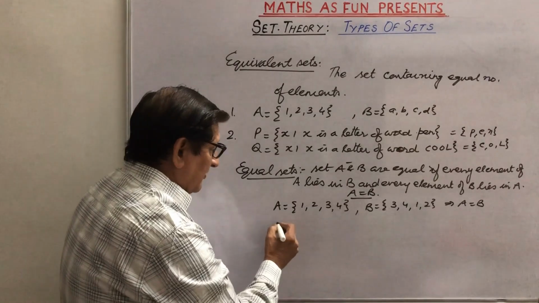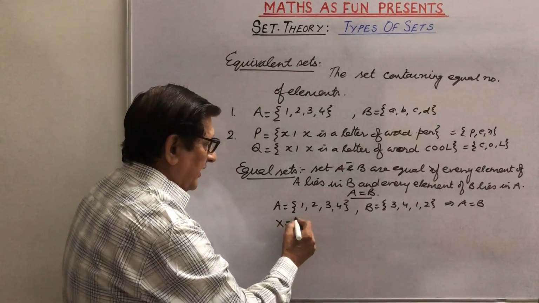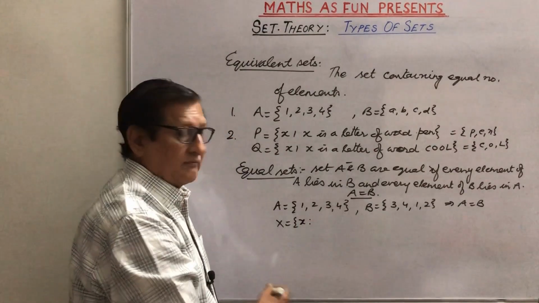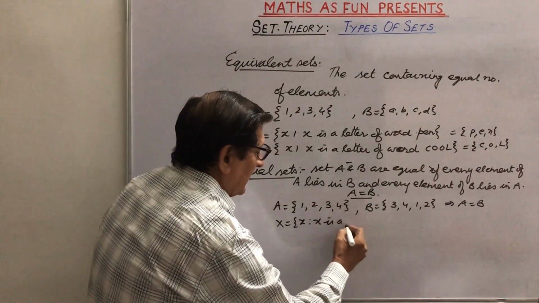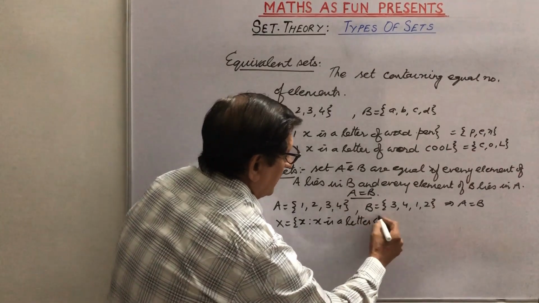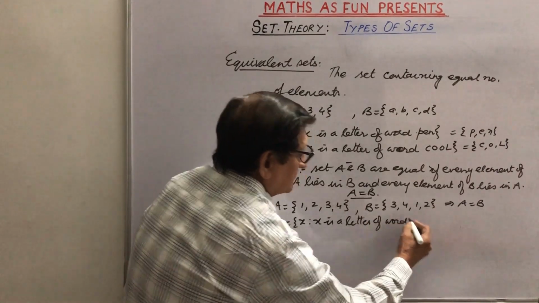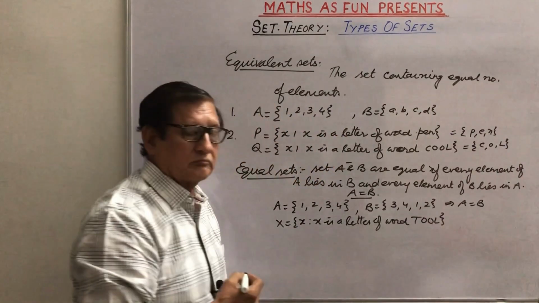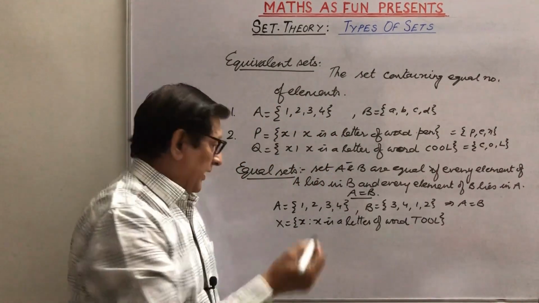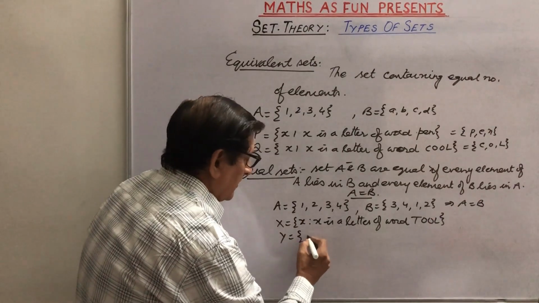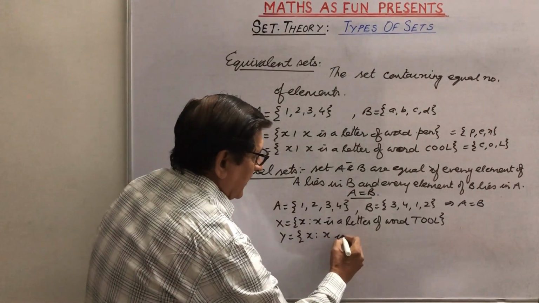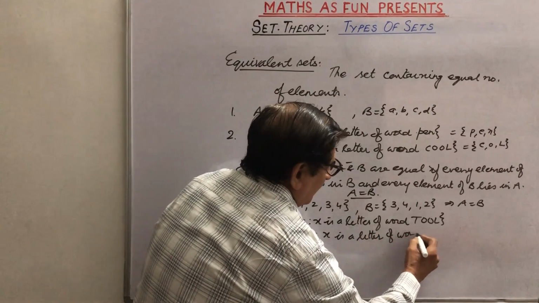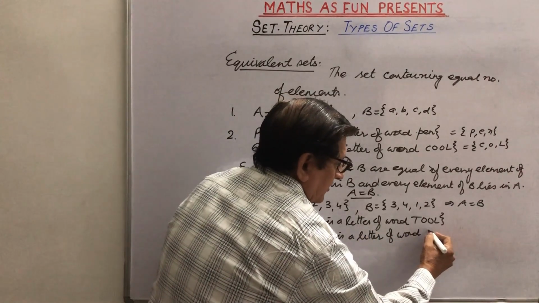One more example we may have, suppose we have a set X, x such that x is a letter of word tool. Another set we have Y, x such that x is a letter of word lot.